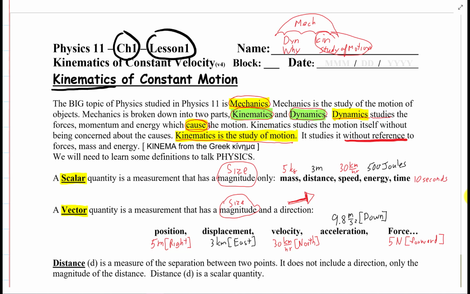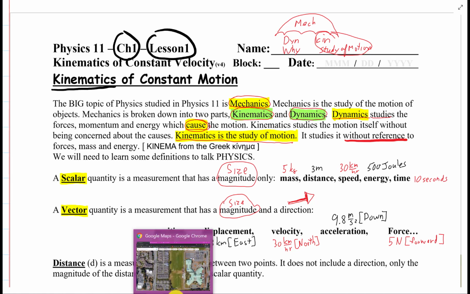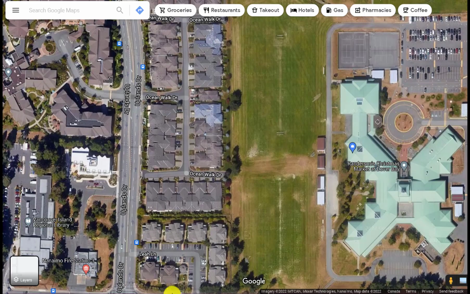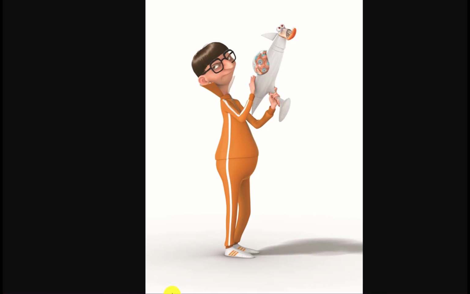So vector and scalar. Have you heard of vector before? Vector Serial. It's an energy serial, but funny thing, energy is actually a scalar, not a vector. How about this guy? Do you remember him?